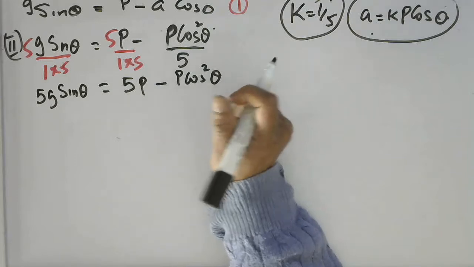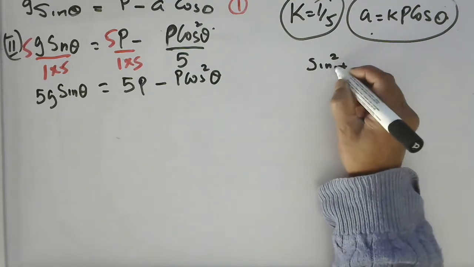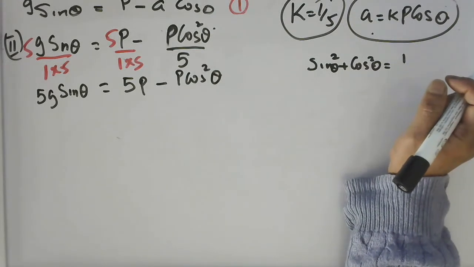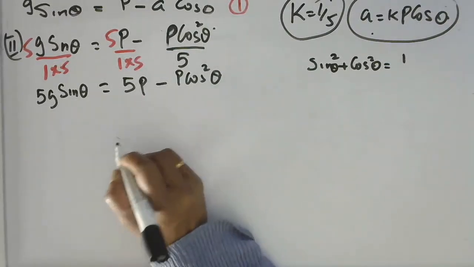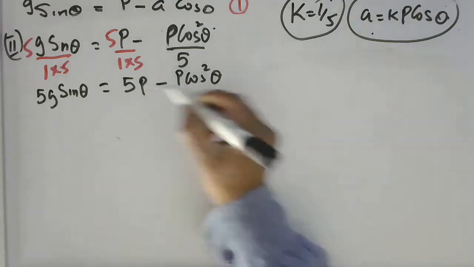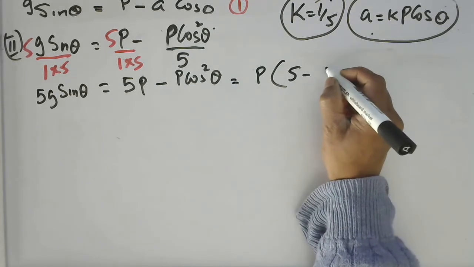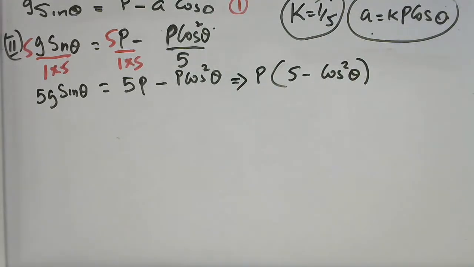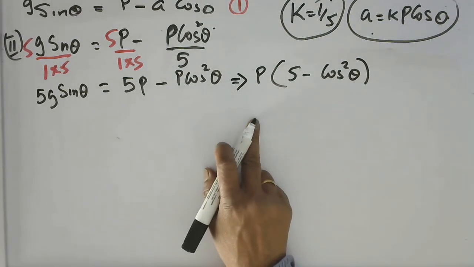I can rewrite this with p common: 5g sine theta equal to p into 5 minus cos squared theta.